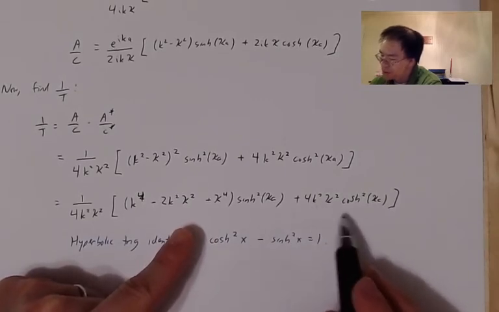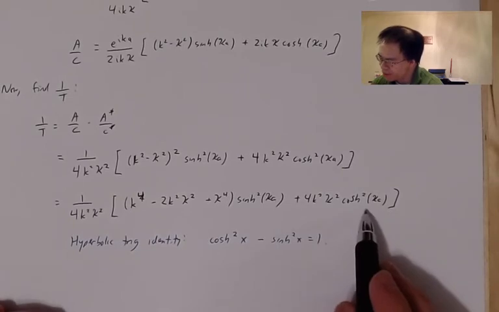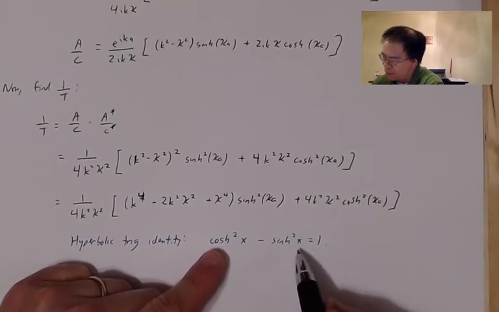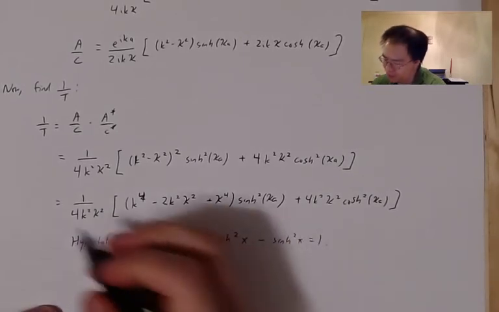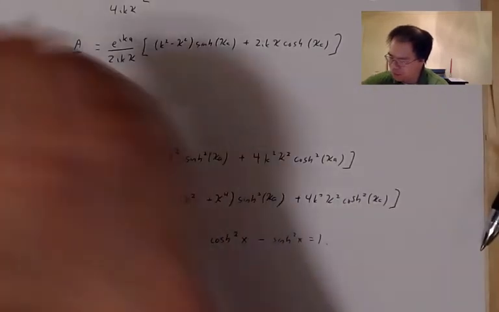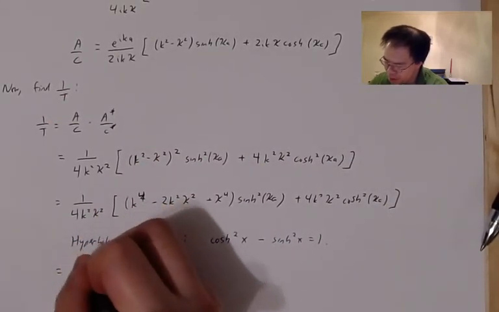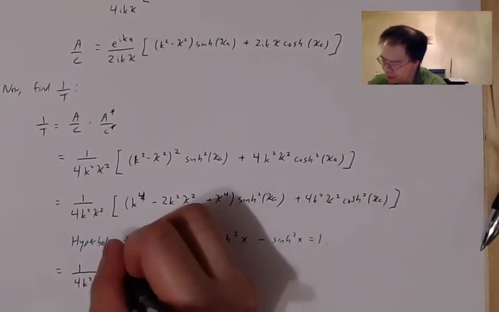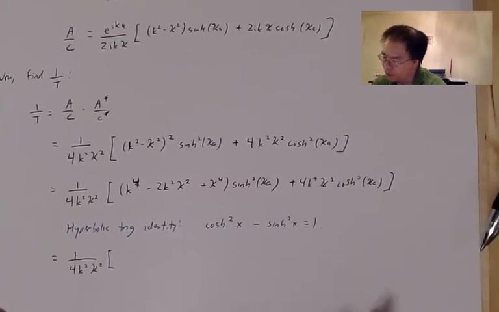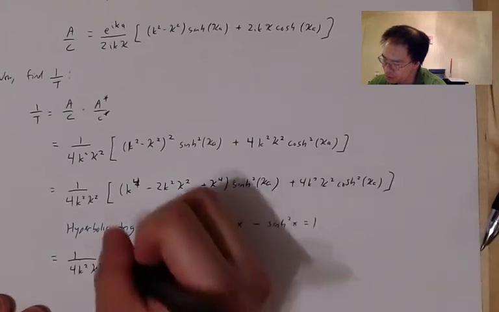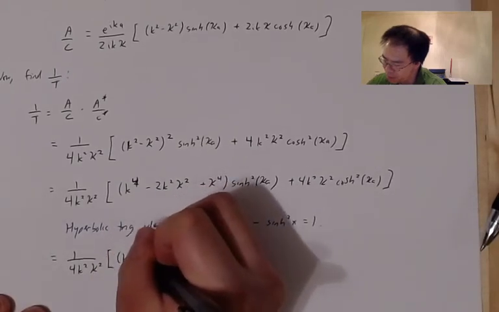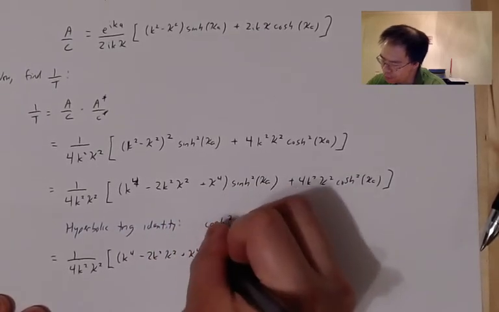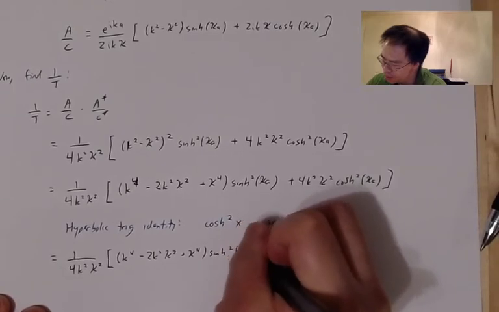But if we look at this, notice that we nearly have something that goes like cosh² κa. If I could get this in the right form, I could get the coshes to go away. So let's do that. I have a 4k²κ² here, and then I'm just not going to change anything else. So I have k to the 4th minus 2k²κ² plus κ to the 4th, sinh² κa.